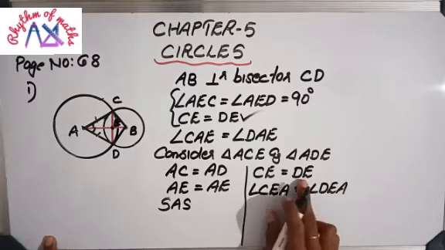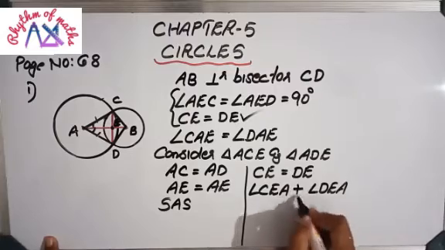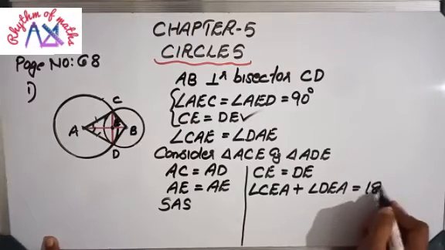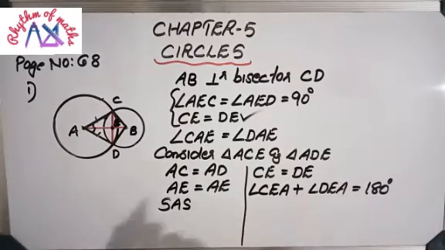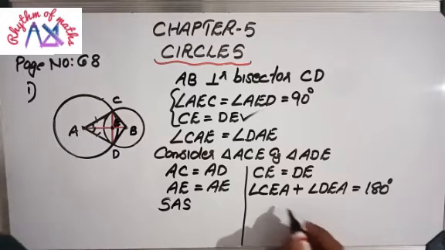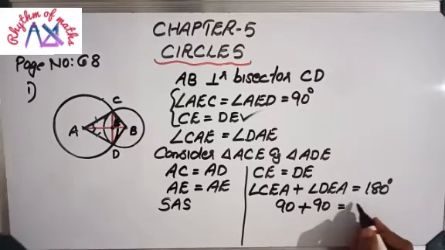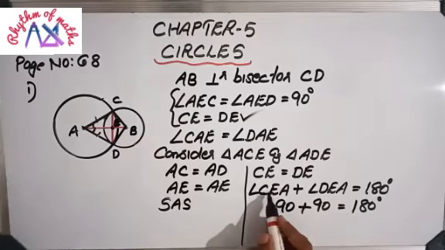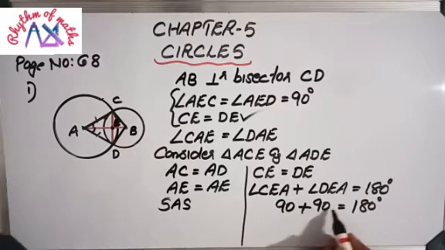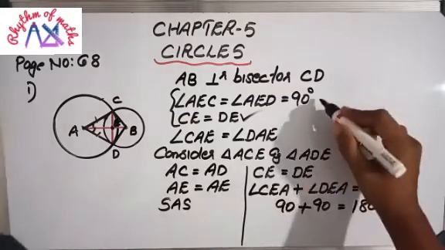Sum must be 180 degree. When you add these two angles, we must get the answer as 180 degree, but they must be equal also. Equal and sum must be 180 means which is a possible angle? 90 is a possible angle. 90 plus 90 is what? 180 degree. That means angle CEA and angle DEA are both 90 degree. So perpendicular also we got.